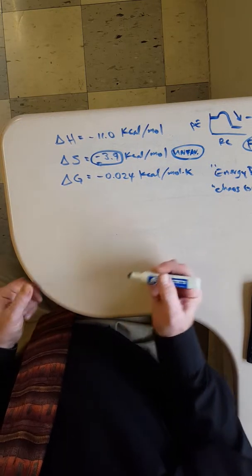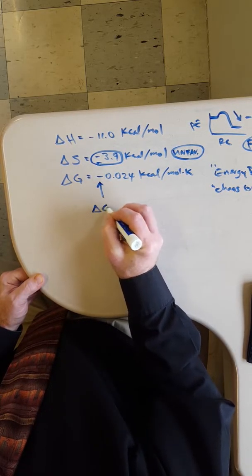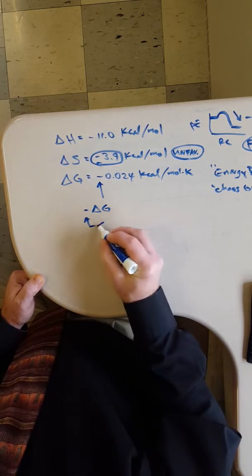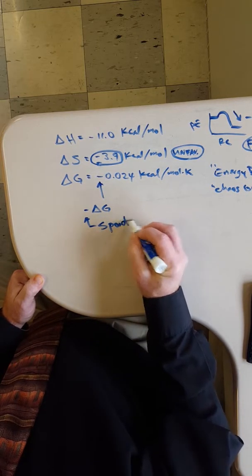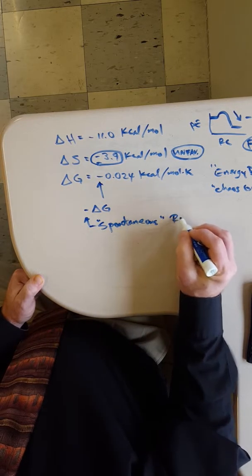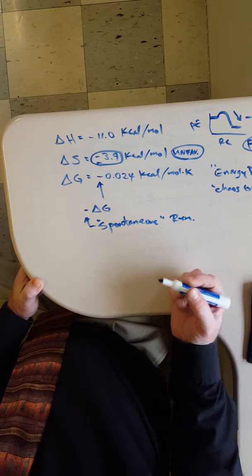Delta G is what reconciles the two. The fact that I have a negative delta G tells me, in fact, that this was a spontaneous reaction. If you have sufficient activation energy and you get this reaction started, it will continue by itself.